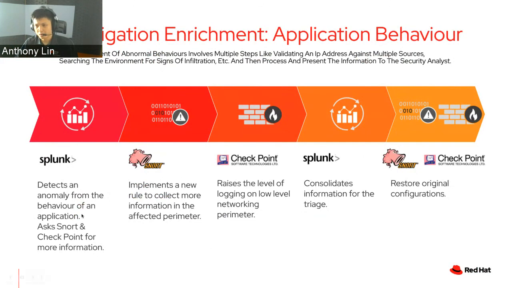Then let's say we turn on more traces. Snort can also be triggered by Ansible to implement a new rule to collect more information, and Checkpoint can raise its level of logging. Then Splunk can consolidate all the information for triage, and if everything is good, we restore the configurations and say that everything is normal. All these things can be done in one automated flow.